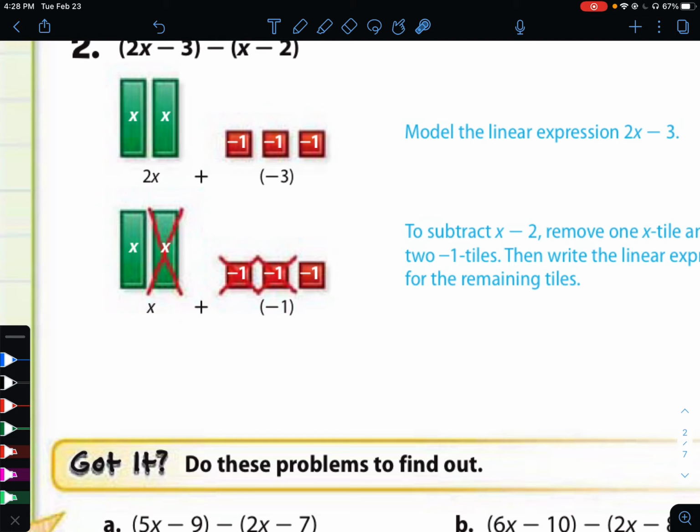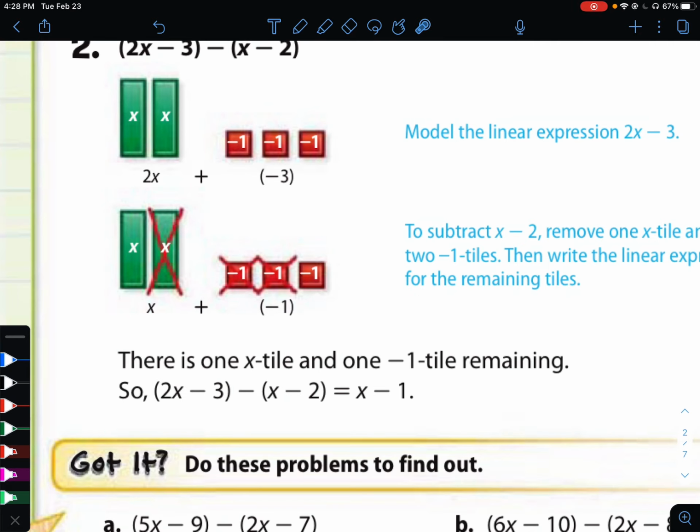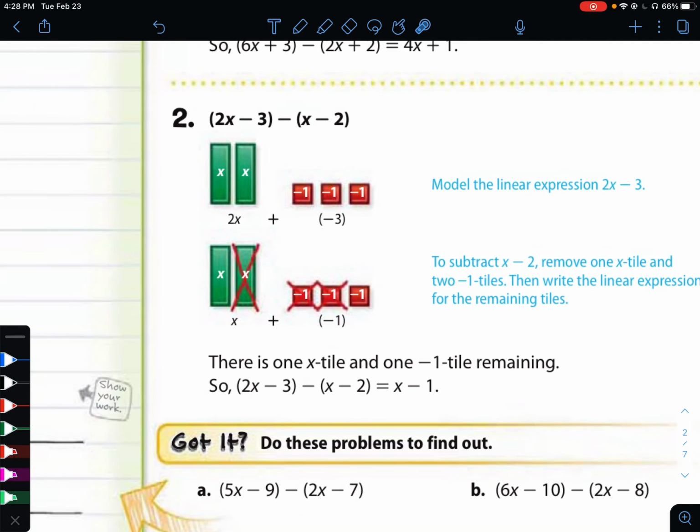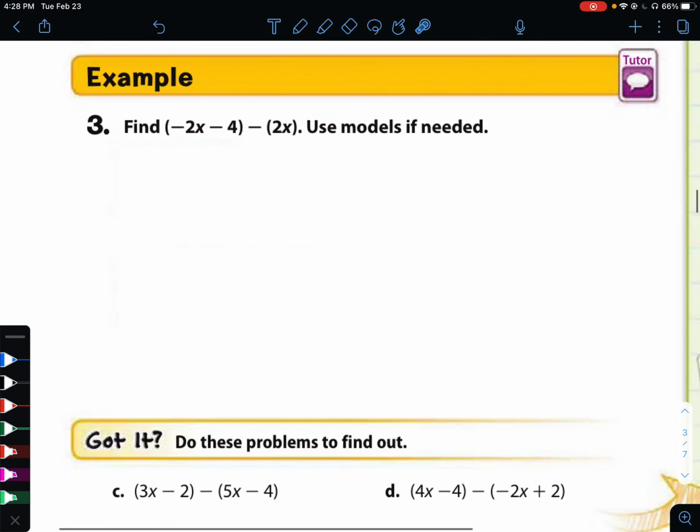Again, according to the definition of subtraction, x plus negative 1 is the same as x minus 1. So 2x minus 3 minus the quantity x minus 2 is x minus 1. Do the guided problems and let's see if you understand examples 1 and 2.